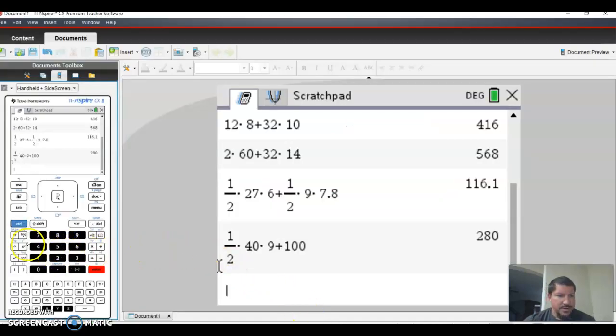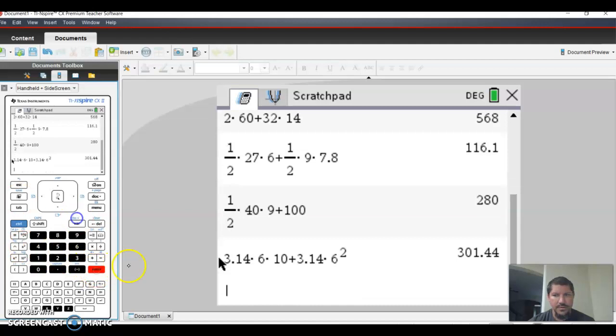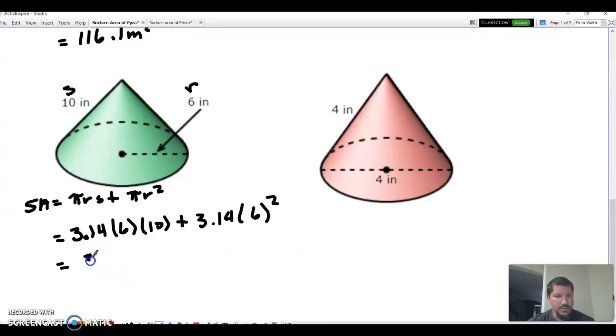Alright, so we'll go to a calculator. 3.14 times 6 times 10 plus 3.14 times 6 squared. So that is 301.44.